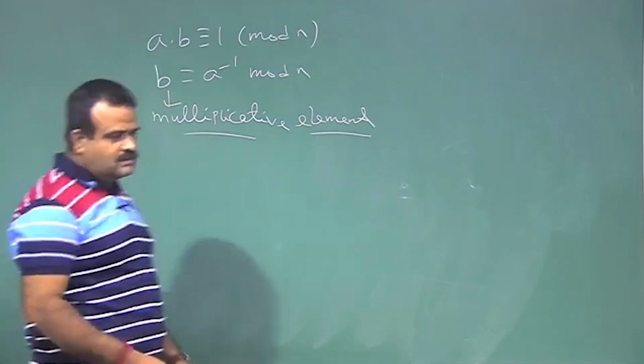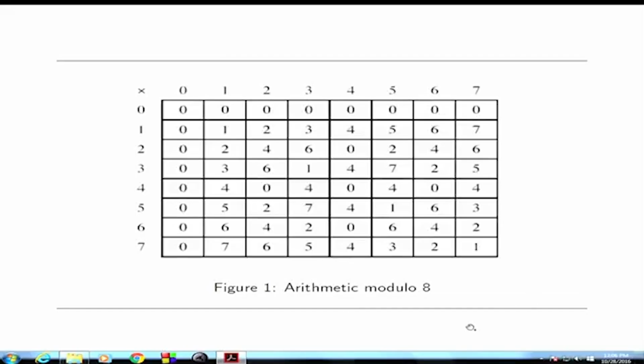So, let us look at this table. Here, 1 serves as the identity element, the multiplicative identity element, because if you multiply 1 with any other element, it gives us that element. So, 1 into 3 is basically 3, 1 into 5 is basically 5. So, 1 serves as the identity element of this group under multiplication.